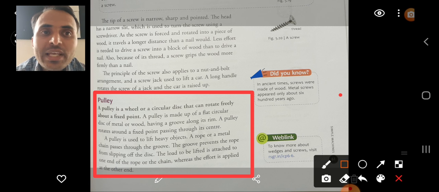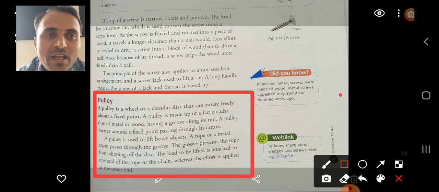A pulley is made up of a flat circular disc of metal or wood having a groove along its rim. Rim means along its total diameter, along its edges. A pulley rotates around a fixed point passing through its center.